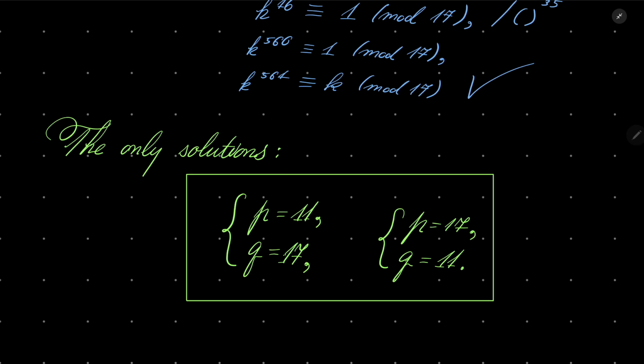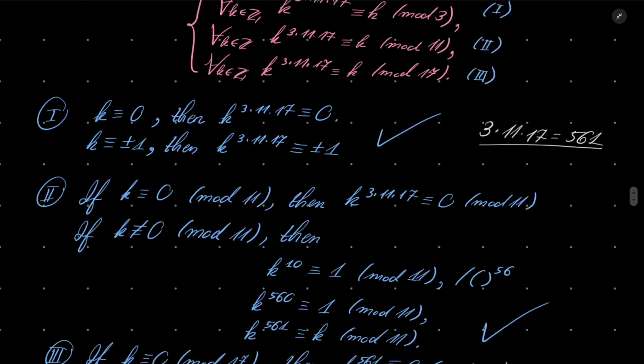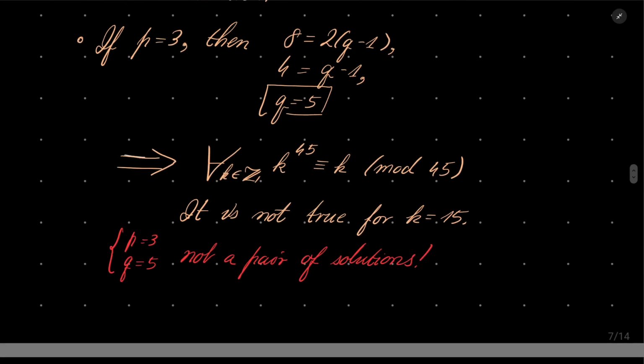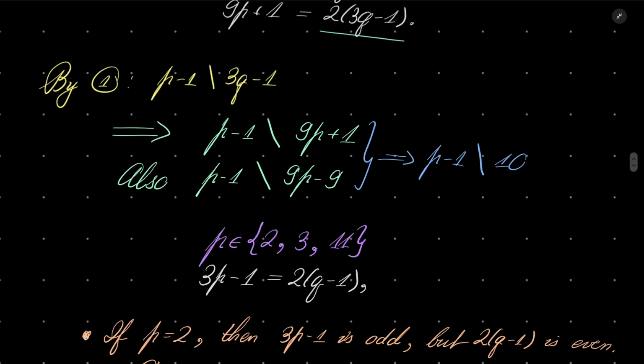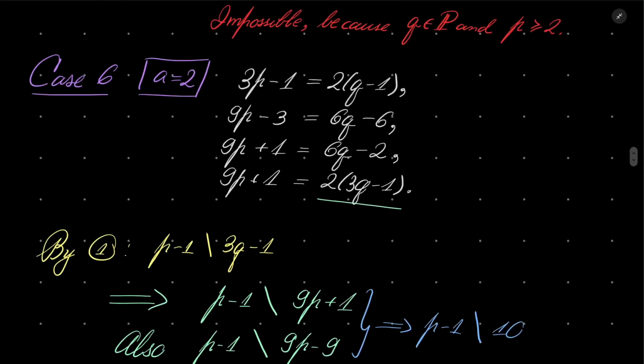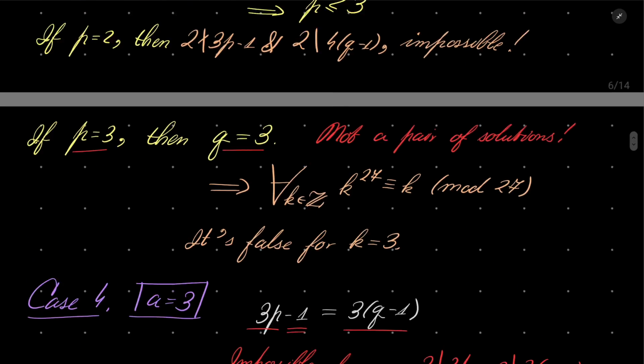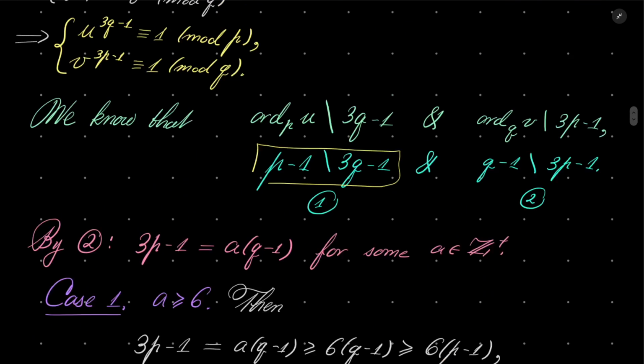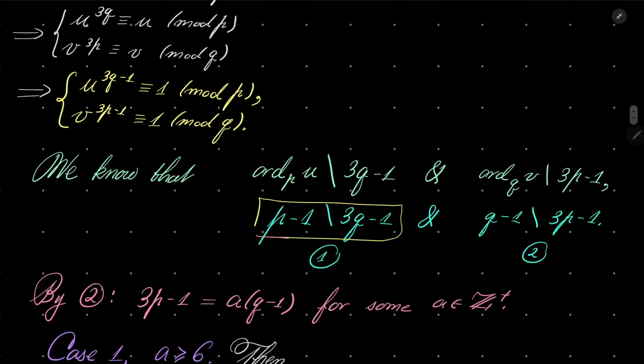Very nice problem. So remember the main takeaway from this video: if a group is cyclic, sometimes it's good to use the fact that it is cyclic. It was very crucial, because this whole reasoning was based on these two divisibilities, this one and this one.